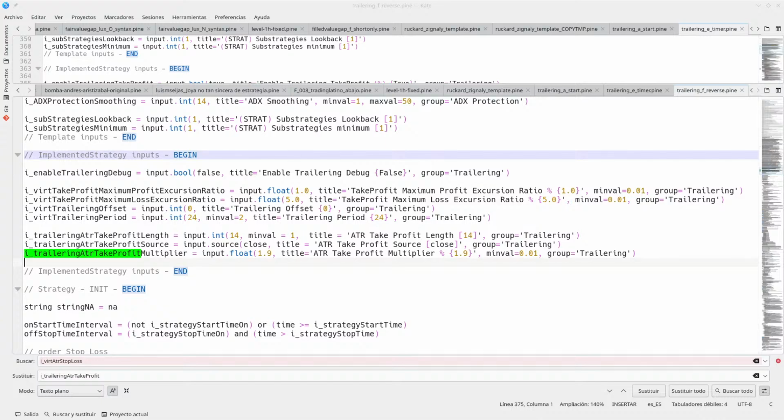I mean, there is a lot of logic and so on that we don't need anymore.